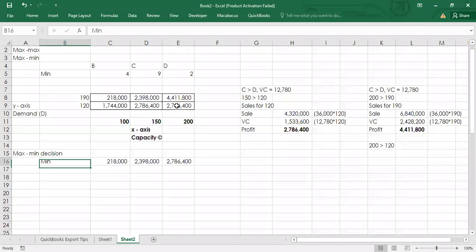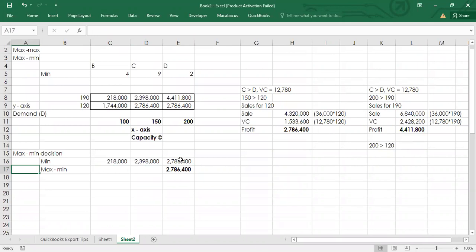So the minimum performance is as follows, and therefore our maximin shall be this one here. From this population you choose this sample. So that will be your answer, maximin.